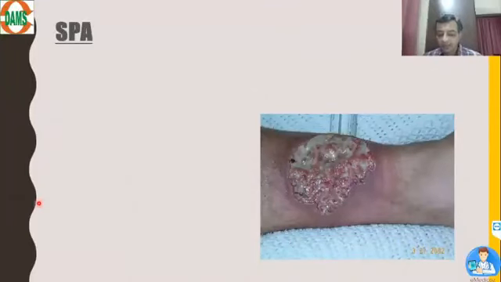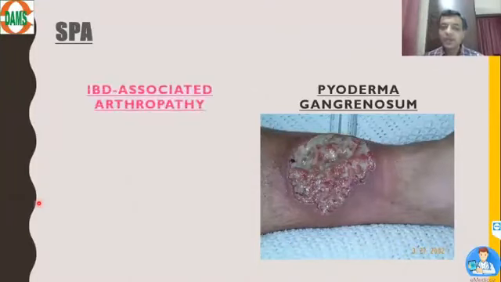Second SPA. The second image is showing pyoderma gangrenosum, which is the most specific. It is not common. It is a specific manifestation of IBD associated arthropathy.